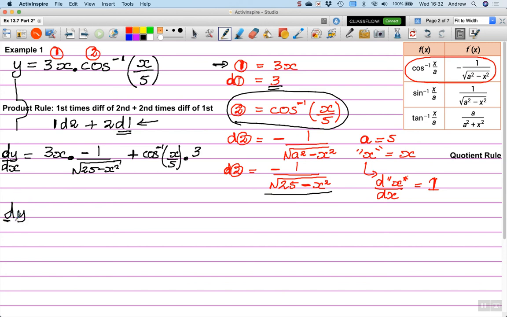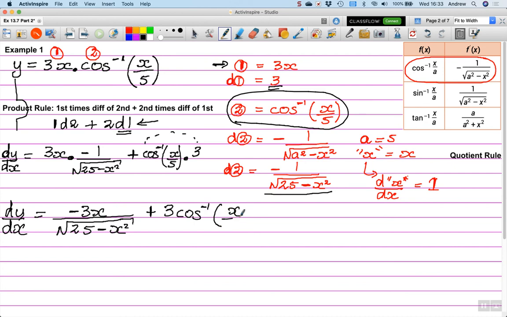So dy dx is equal to 3x and minus 1 is going to be minus 3x all over the square root of 25 minus x squared, plus, and we're going to bring that 3 to the front, so it's going to be 3 cos inverse x over 5.